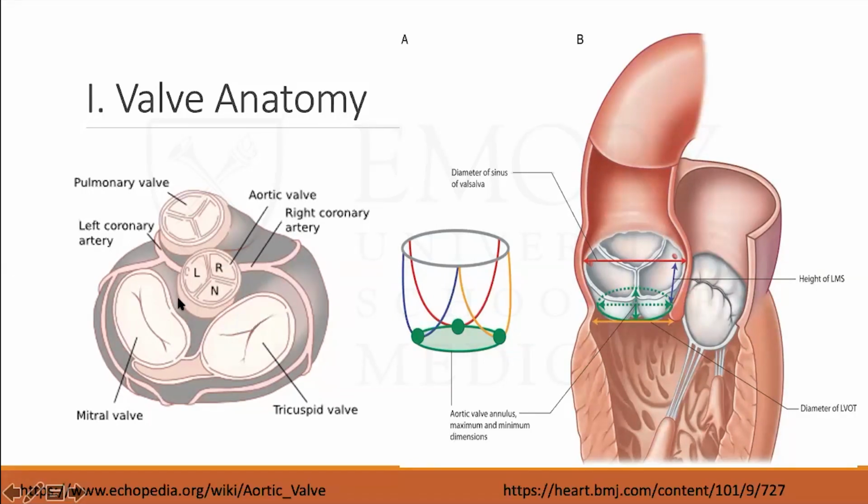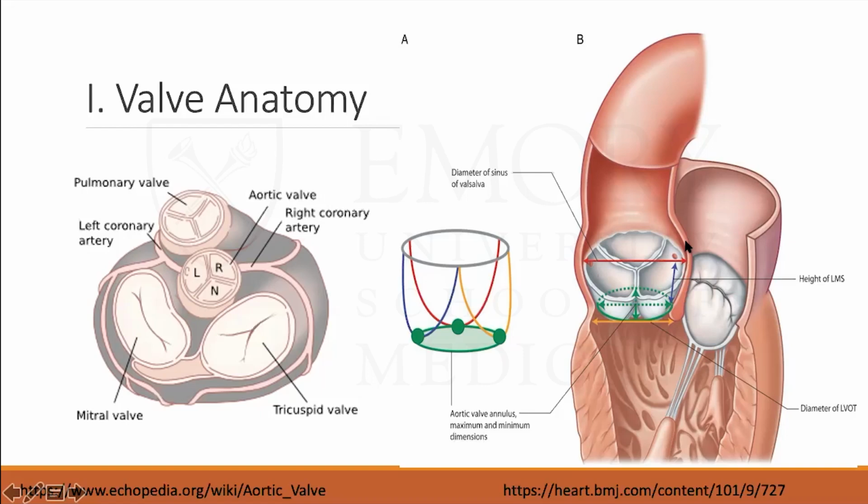If you look at the aortic valve in more of a sagittal view, you can see how the leaflets are folded into the sinuses of Valsalva. At the nadir of the leaflets, this is what we define as the aortic valve annulus. Below the annulus is the left ventricular outflow tract.